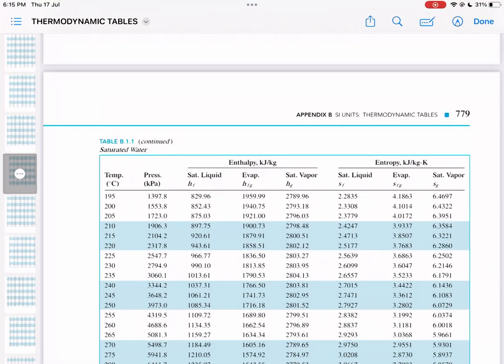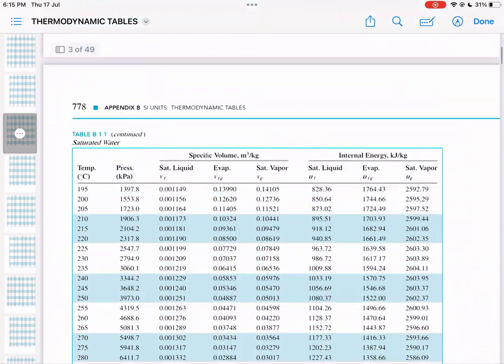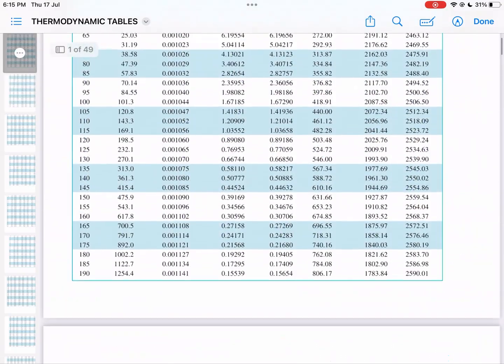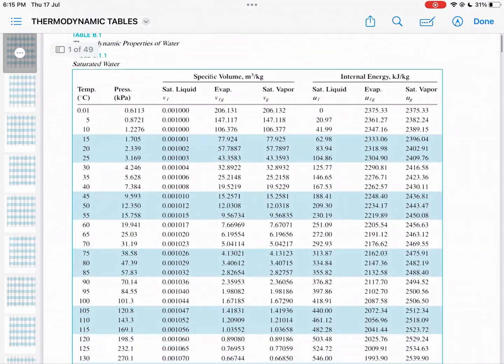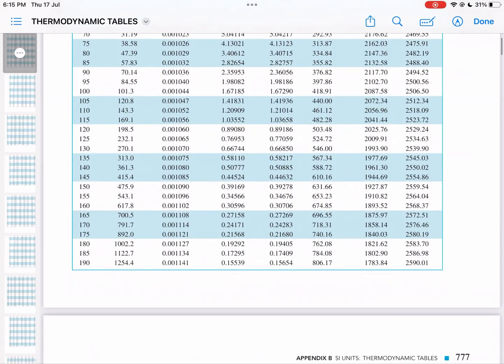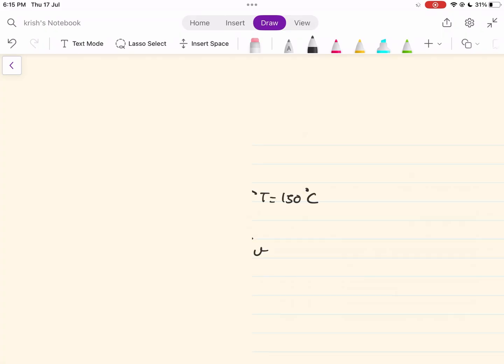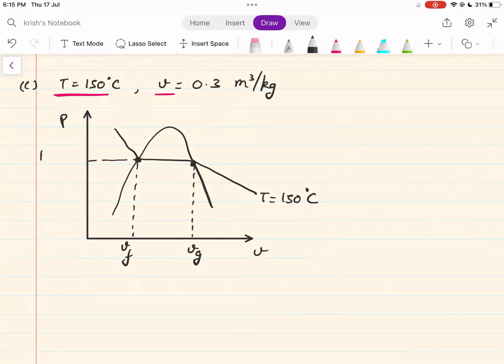Okay, at 150 degrees Celsius, first of all, we will note down the saturation pressure. Note that it is not strictly required, but it is a very good habit to develop for further problem solving. So at 150 degrees Celsius, the saturation pressure is 475.9.